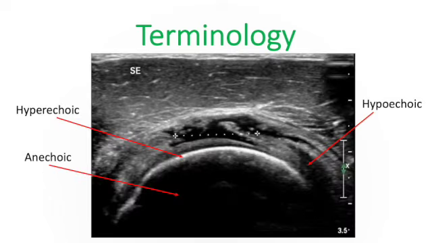So get to know this picture very, very well. As we can see, hyperechoic is that white line. That's the bone interface. What's happening there is that the majority of ultrasound waves have been reflected back towards the source. So it shows as a very, very hot or white area. A hypoechoic area is the area surrounding that.